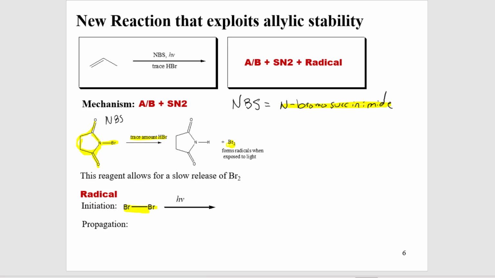Light hits it, the Br2 splits into radicals, and you end up with 2 bromine radicals, and you can do radical reactions. Then you might be wondering, why do I even need to start with NBS? Why don't I just add Br2 and add light?